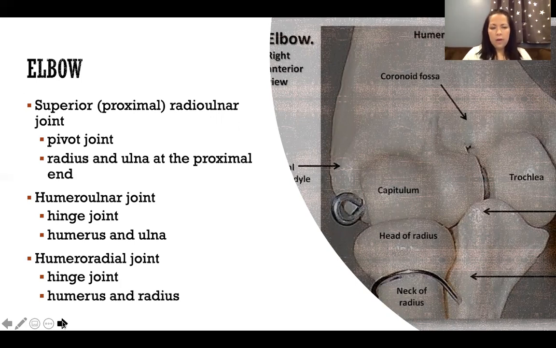The humeroulnar and the humeroradial joints together collectively participate in flexion and extension. So whenever we describe flexion or extension of the elbow, we're describing flexion or extension of the humeroradial and the humeroulnar joints together. And then the superior radioulnar joint and the inferior radioulnar joint together are responsible for pronation and supination of the forearm.